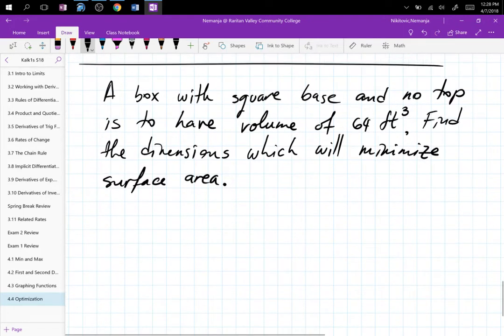Now, guys, there's a whole industry built around this. It's called packaging engineering. Packaging engineers design boxes to ship stuff from everywhere in the world here because we don't produce anything anymore. So you want to design a box which is sturdy and large enough to contain the object.